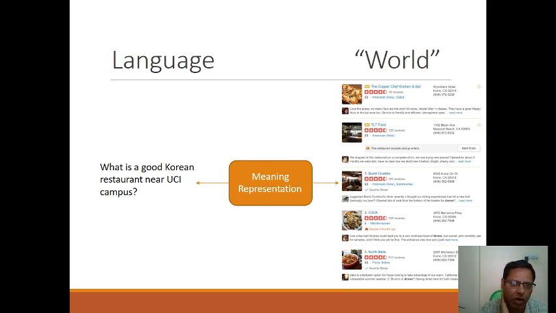So what is the argument here? For example, if you want to search in Google or anything like that, this image is explaining a search about restaurants: what is a good Korean restaurant near UCA campus? Near our campus. So here it is displaying the list of restaurants near the campus. How does it come?